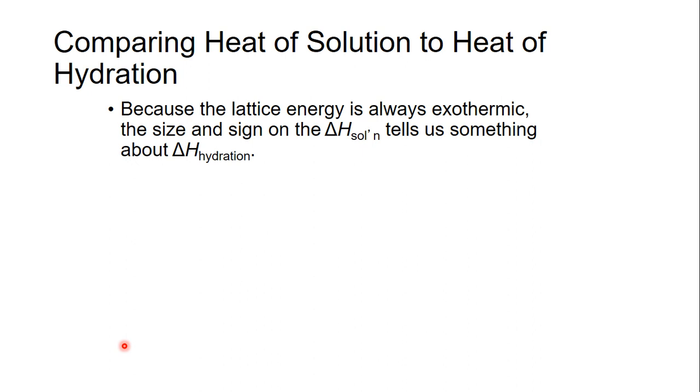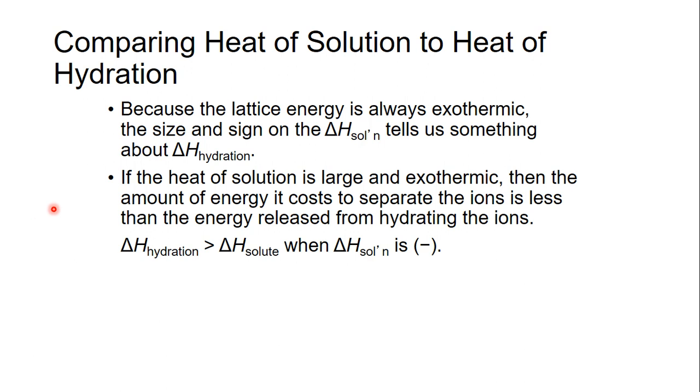Now, we can actually learn something about delta H hydration through delta H solution. Because we always know lattice energy is always going to be negative. And so we can see how big forming these ion-dipole interactions is based on the sign of delta H solution.